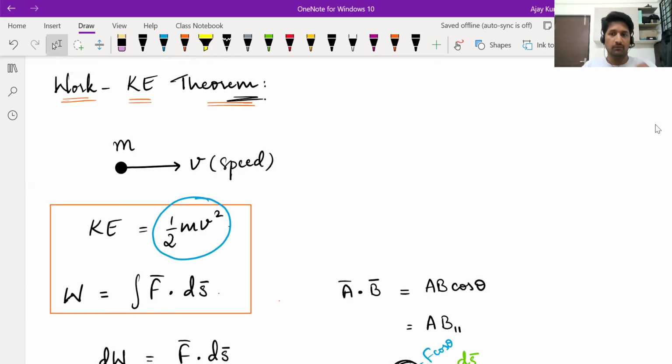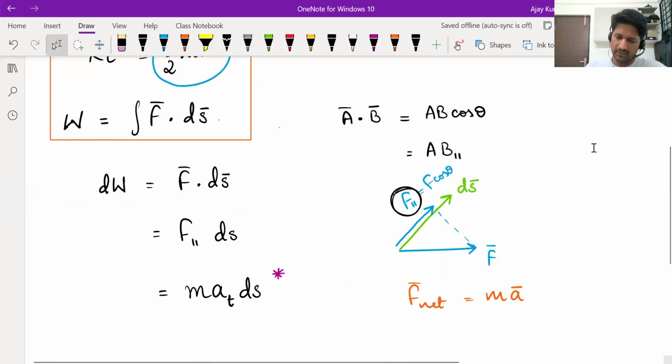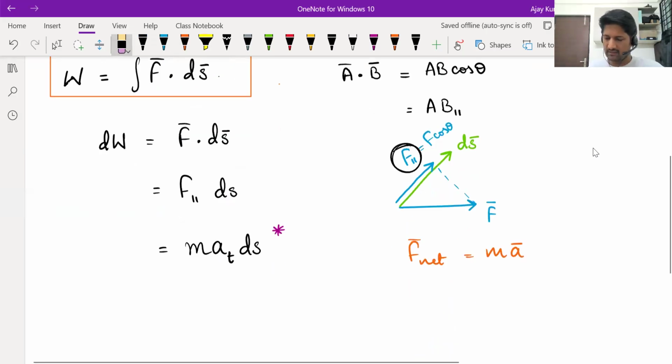Now we know that doing work is nothing but giving energy or taking energy. So work kinetic energy theorem proves that the amount of work done is equal to the change in kinetic energy. Anyway, we'll summarize it later also. So we took the basic definition of work. dW is equal to F dot ds. Dot product makes it F parallel into ds.